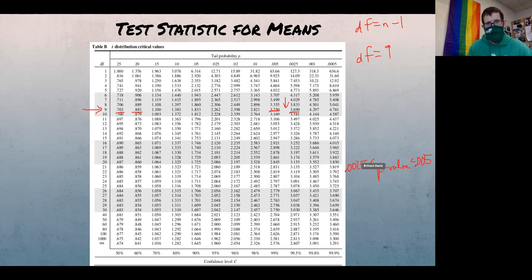Now we can already see that's incredibly small for a p-value. I can't tell you anything more accurate than that on a table B, but I'll tell you this is also good enough. Because remember, the AP test is designed to be done without a calculator if needed. If you had to do this by hand, that's what you could do and you're good to go.